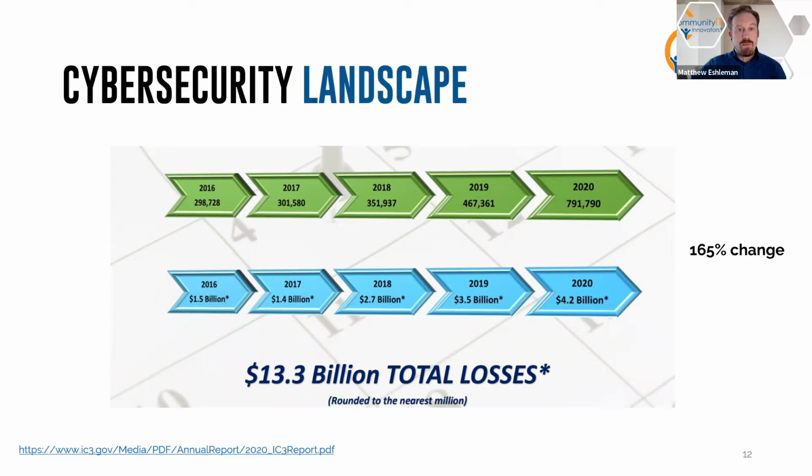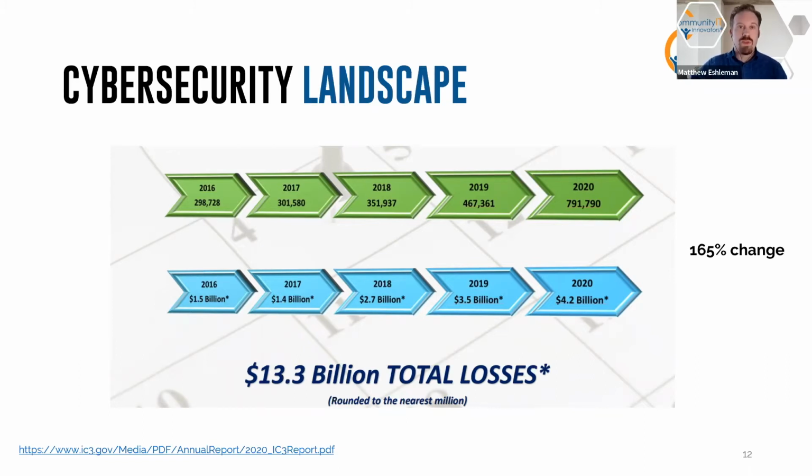You take that all the way up into 2020, and we're now at 4.2 billion. So that's, as Carole helpfully added in here, over a 165% increase of direct total losses. And so this is not something that just happens to somebody else. This is something that happens to organizations within the community that we serve, and that rate is only increasing.